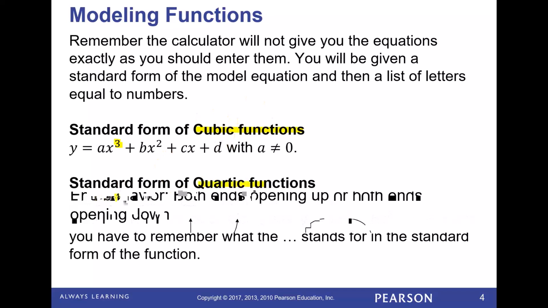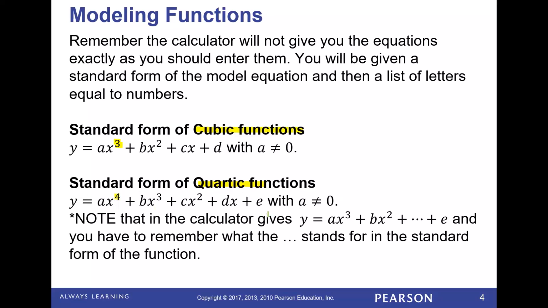Now the standard form for a quartic is y equals, and again, it's quartic, so that means I know it's going to be to that 4th power there. There's a big note up there because there's a reason for this. The standard form is actually y equals ax to the 4th plus bx to the 3rd plus cx squared plus dx plus e. Now, when the calculator spits back a quartic model, they can't put that all on the screen.